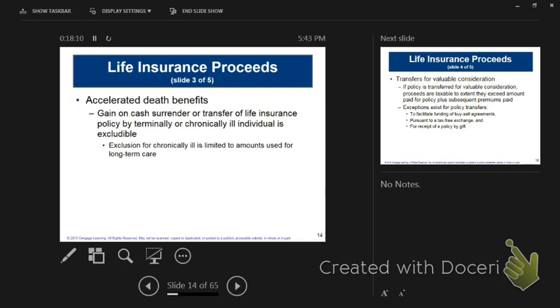So a lot of times the best case scenario to use, you can use them if you're married, but if you're a single person and you have life insurance and you're terminally ill, you cash it out to pay for your illness versus leaving any type of medical debt that could be left for somebody else. But you have to use those benefits for the health care. But because you're using it for health care, you would not have to pay any type of tax on those benefits.